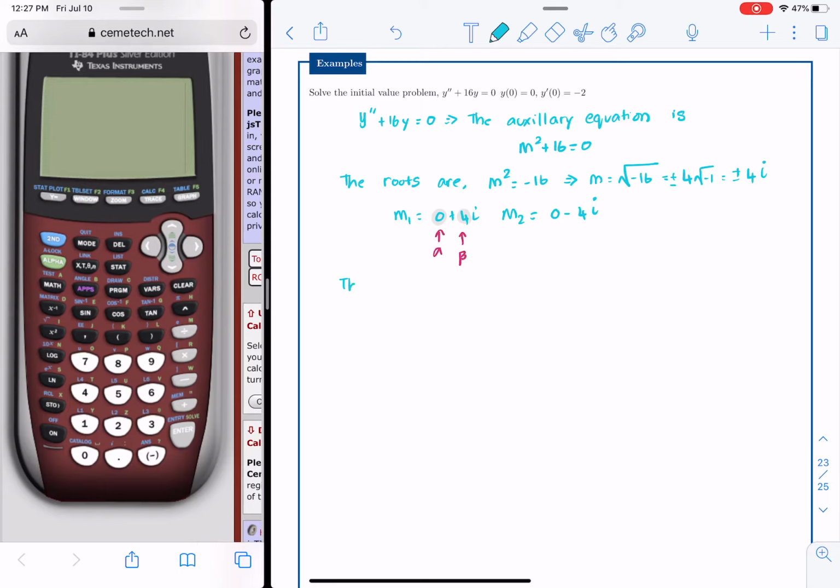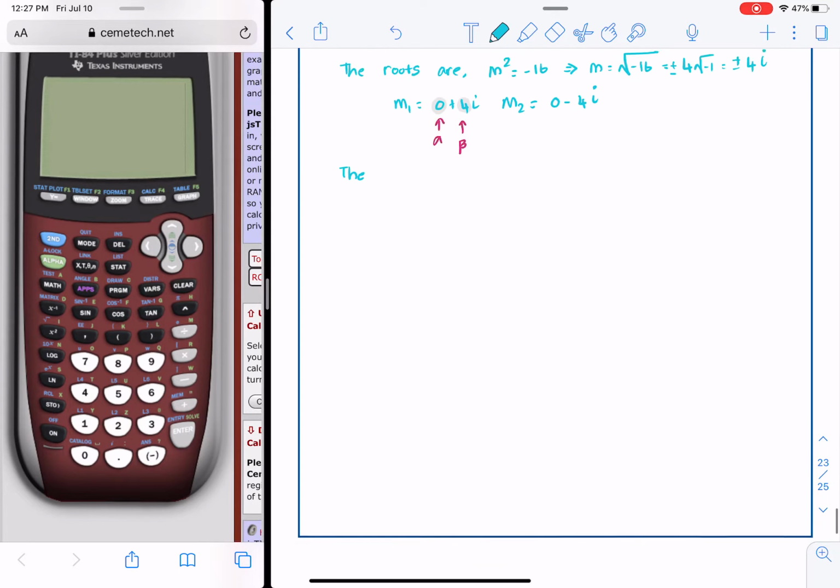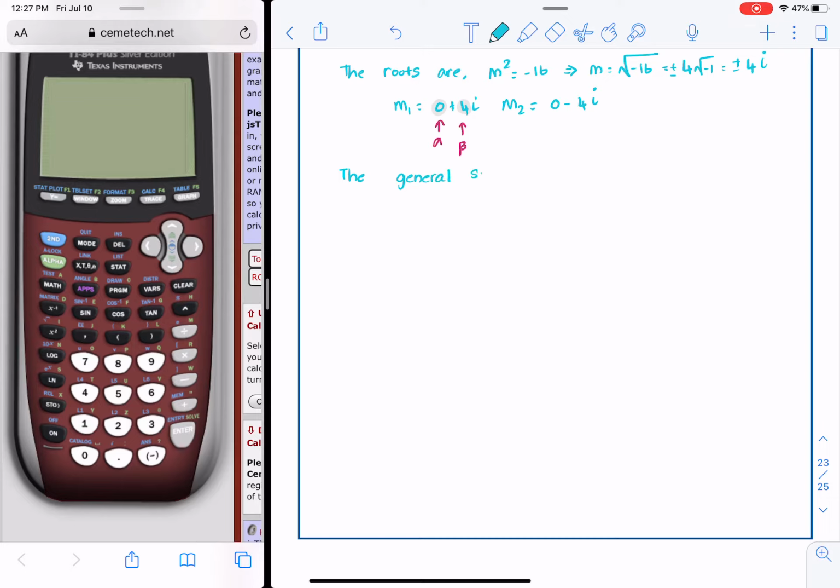So, excuse me, the general solution is y. We have complex roots, so we must have cosine and sine terms. So e raised alpha x times c1 cosine beta x plus c2 sine beta x.